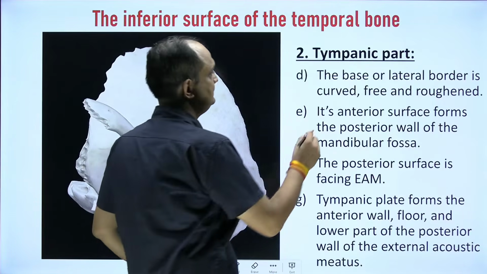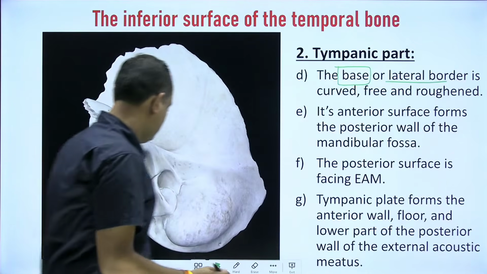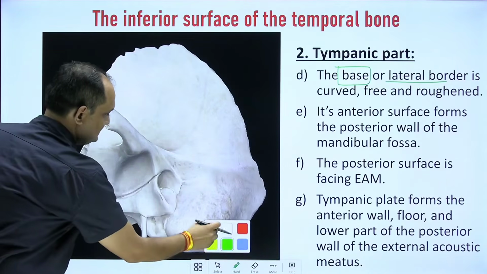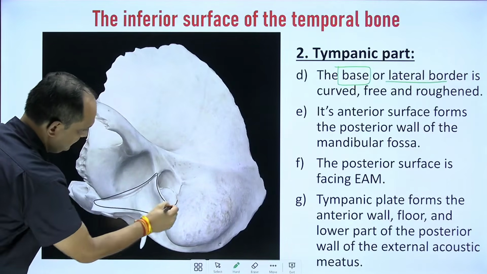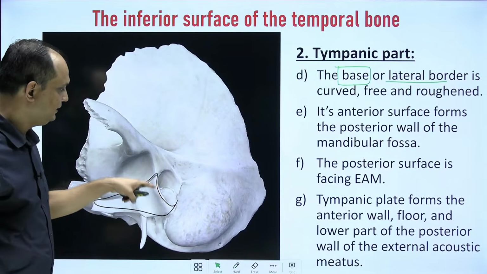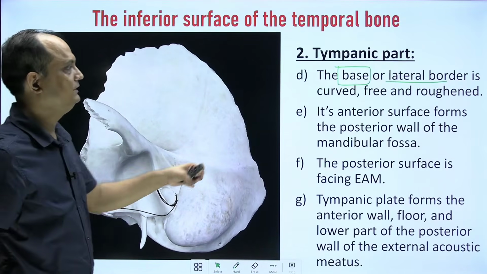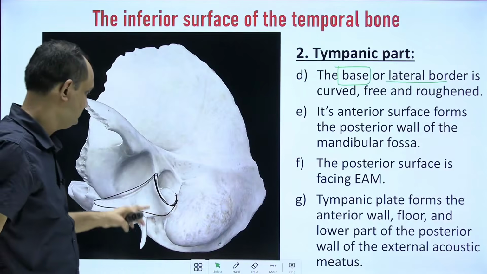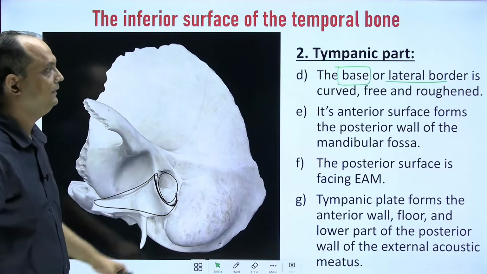The first feature is the base, also known as the lateral border. So in this image, where is the base? This is the base and this is the triangle. Clear? Now this base has a curve. You can see that this is a curve in the base. Because of this curve, this base forms different walls of the external acoustic meatus, which is present here.